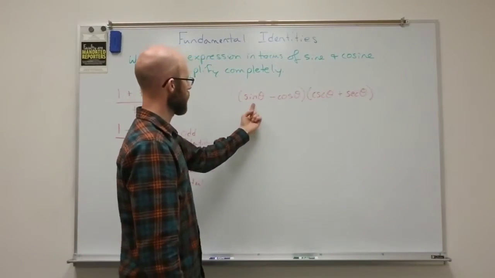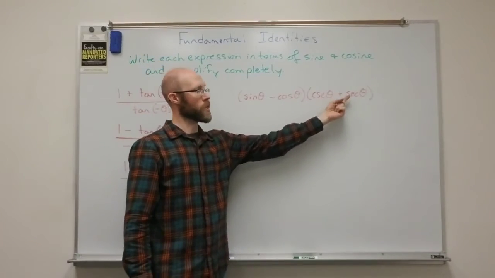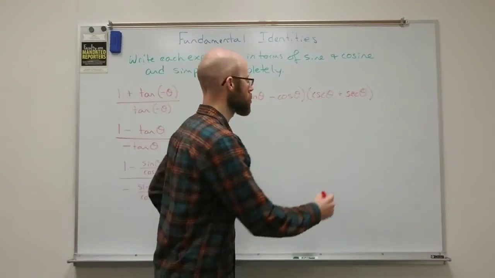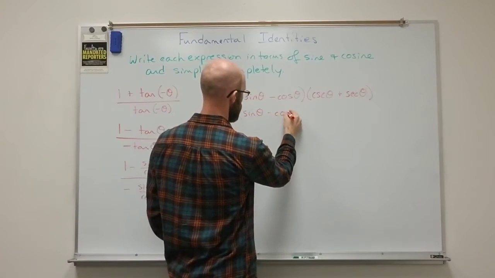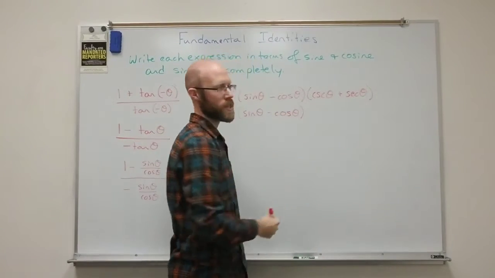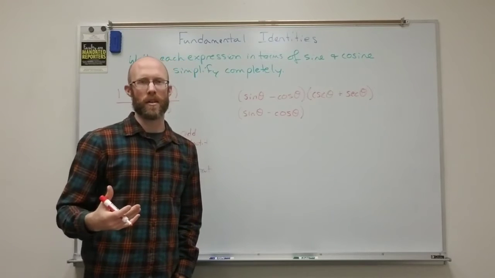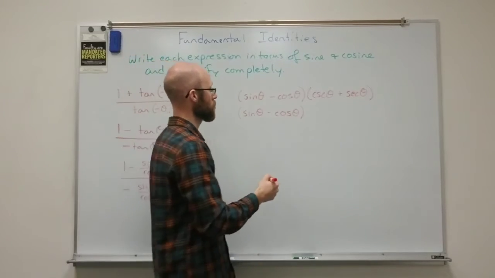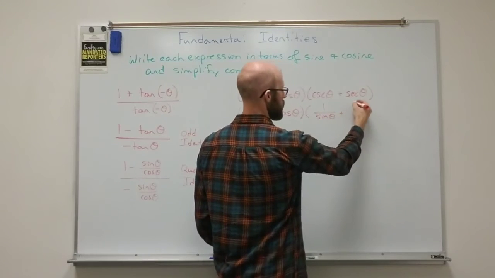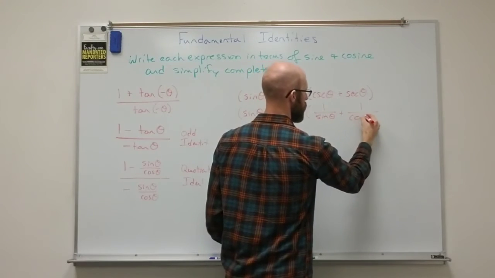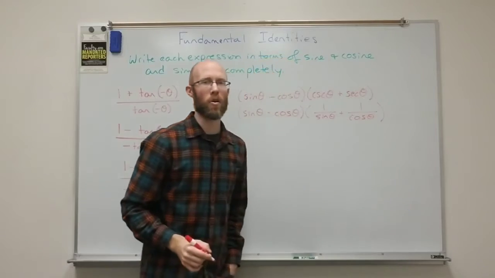So I've got sine and cosine, but I also have cosecant and secant. So let's rewrite those two using our reciprocal identities. Whenever I see cosecant and secant, I think right to the reciprocal identity. So cosecant is 1 over the sine, and the secant is 1 over the cosine.